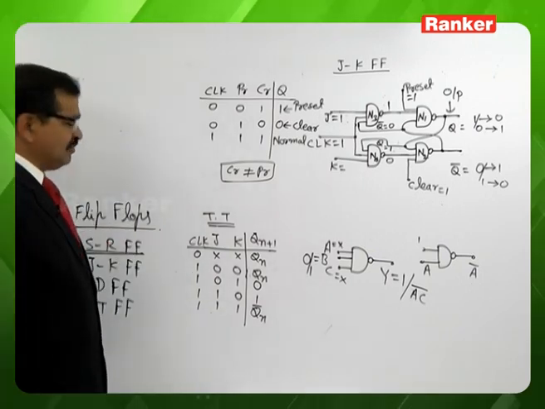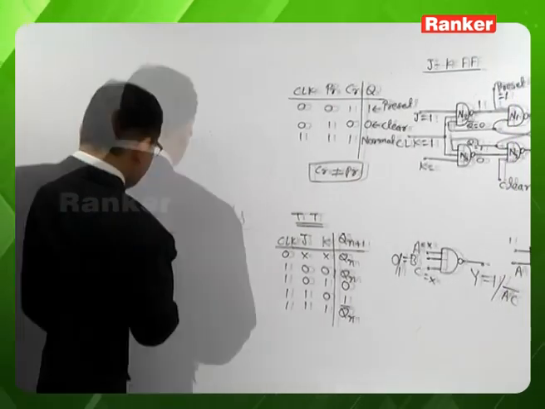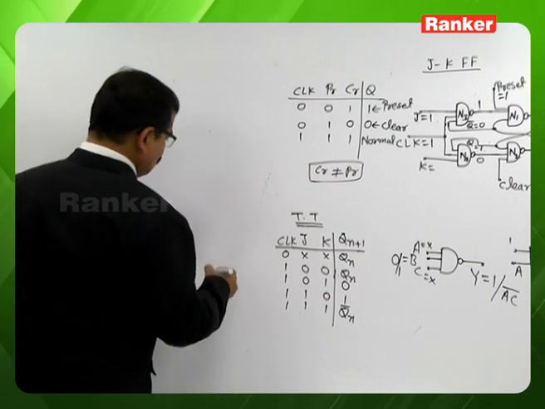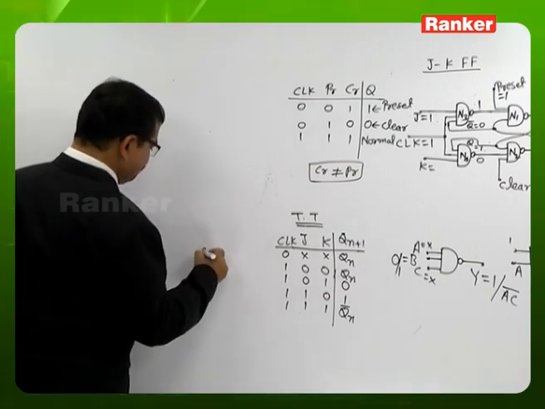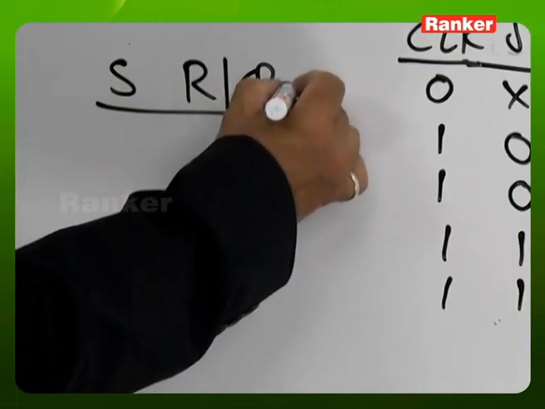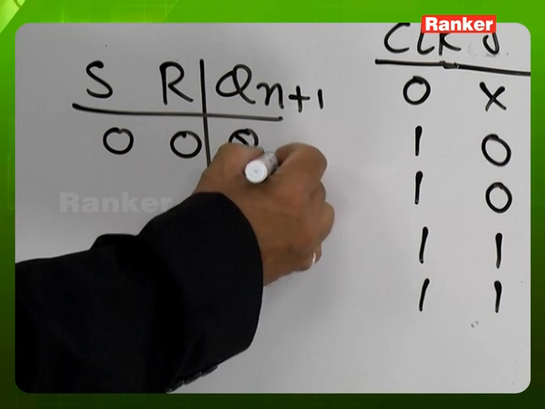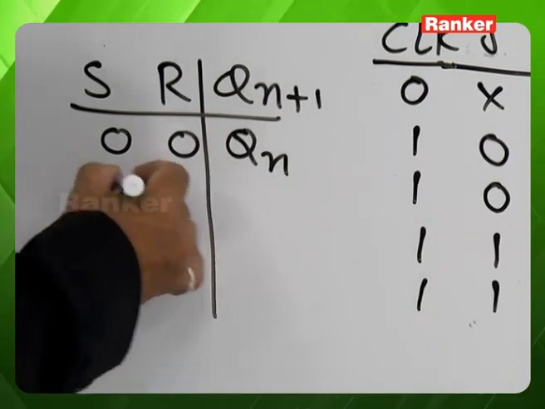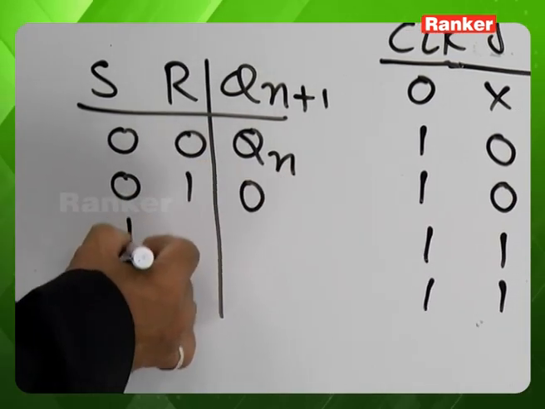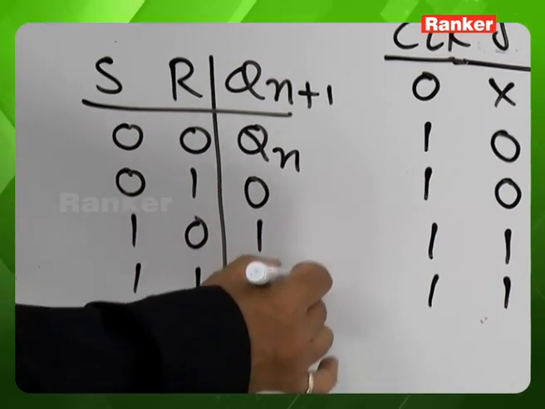If we look at the truth tables of the SR and JK flip-flops, in most textbooks you will see them simply like this. For SR: 0 0 gives Qn, 0 1 gives 0, 1 0 gives 1, and 1 1 is not allowed.